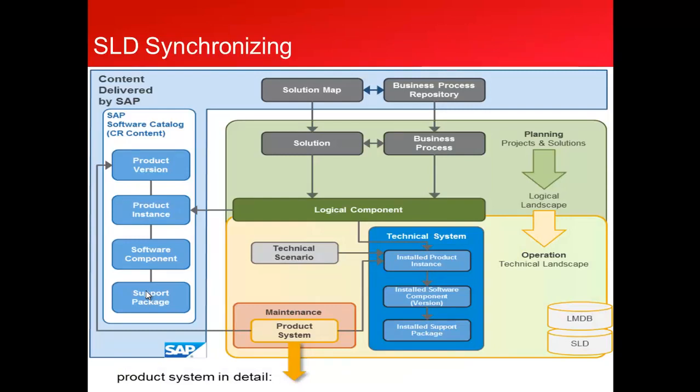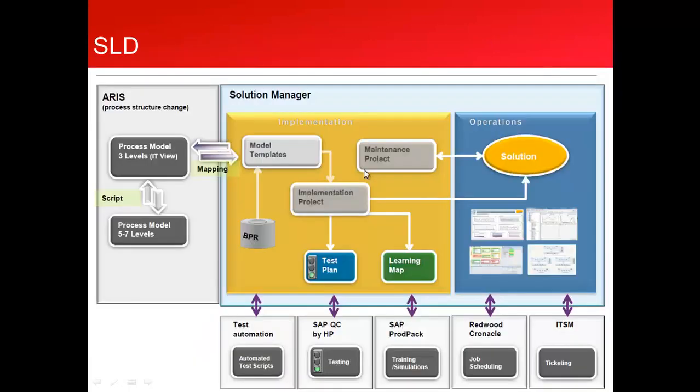This part refers to the SLD because this information is built into the SLD. This information comes from the managed system, so you have technical systems. And this is the architecture for Solution Manager, how it interacts with different components within. This is what I wanted to cover in this training session.